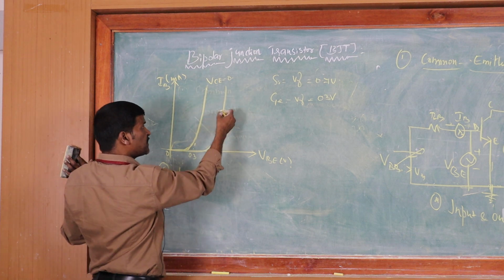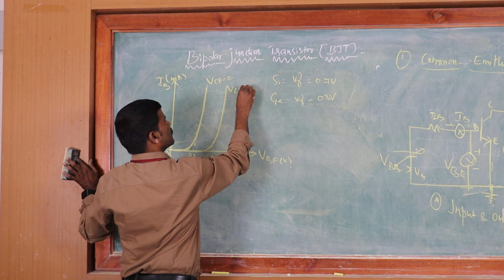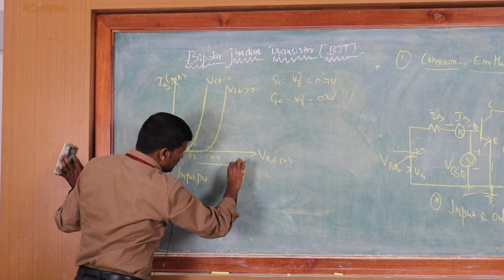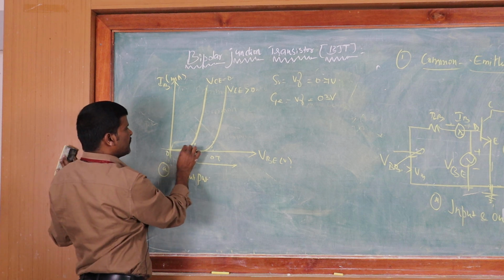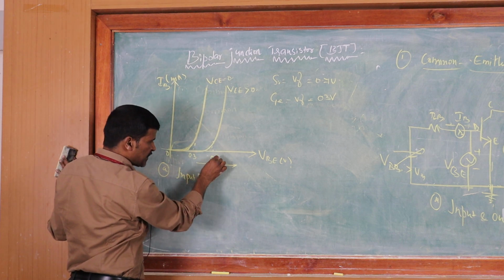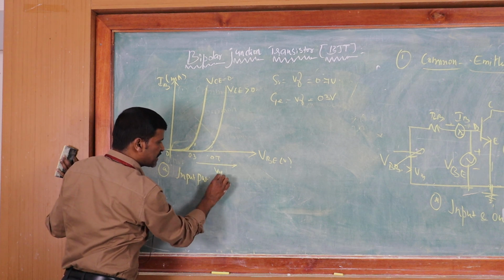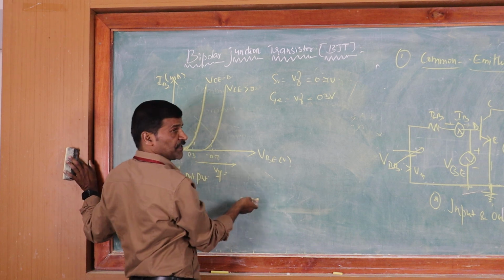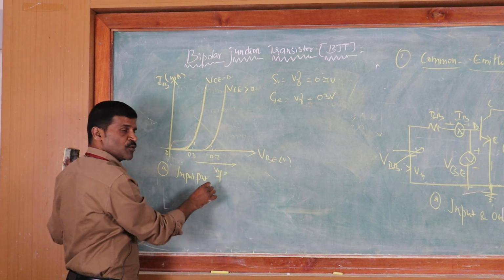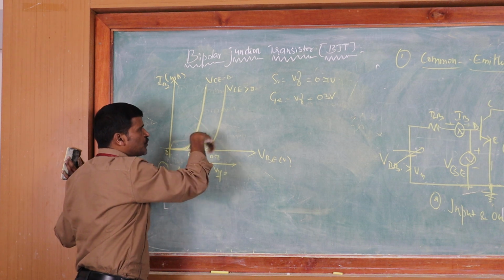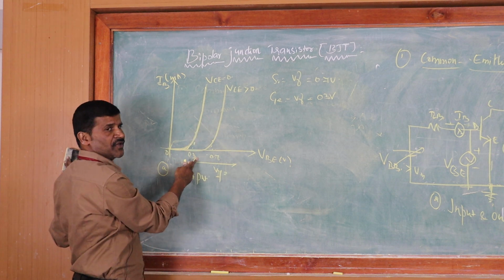Then repeat the steps for VCE greater than 0. As the input voltage increases, the current increases to a maximum, whereas the forward bias voltage VF cannot exceed 0.3 or 0.7 volts, even if you increase the applied voltage to more than 30 volts, because the minimum voltage required to turn on the device is only 0.3 or 0.7.